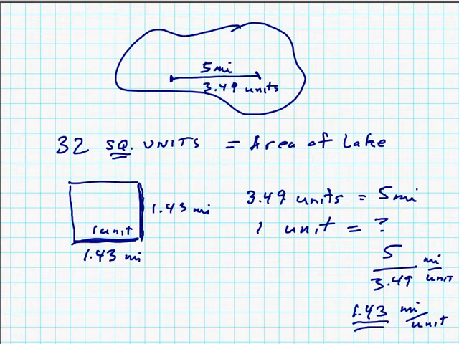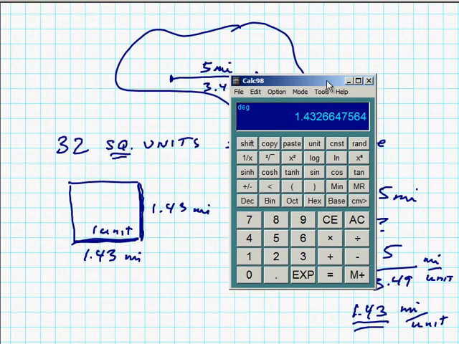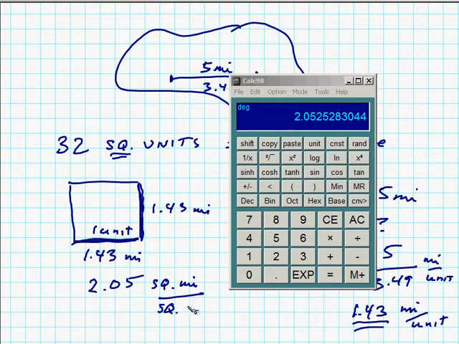Okay, well, I would have to take 1.43, in fact there's the number, I didn't round it off, let's just use that, and if I square it, or I multiply it by itself, it means the same thing, so there. So it's going to be 2.05 square miles per square unit.